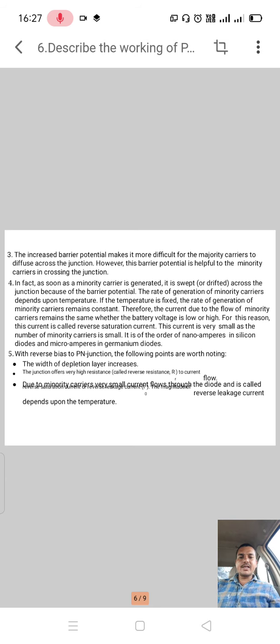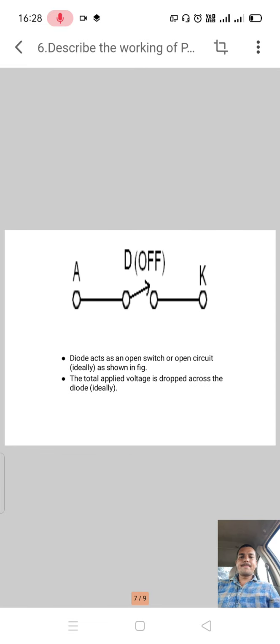Due to minority carriers, a very small current flows through the diode, called reverse leakage current, which depends upon the temperature. These three points are very important on reverse bias.